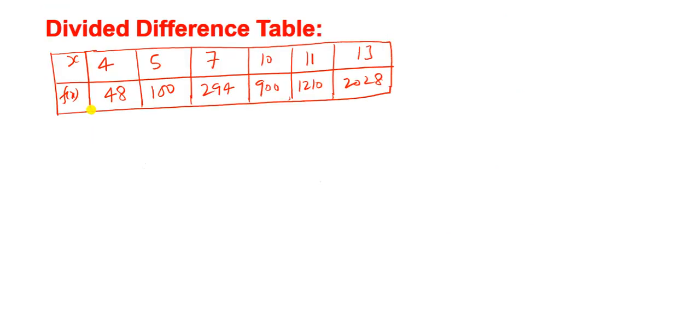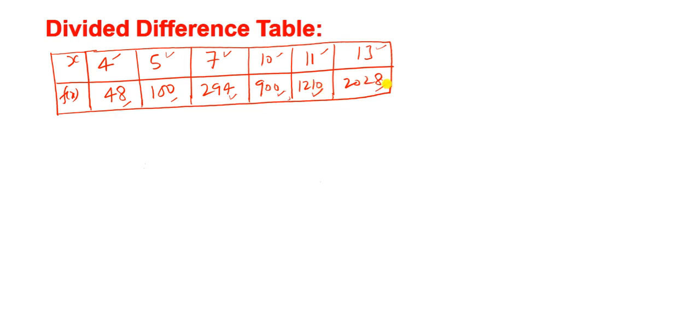Now the divided difference table. Here the x arguments are 4, 5, 7, 10, 11, 13. The functional values corresponding to the x arguments are 48, 100, 294, 900, 1210, 2028.